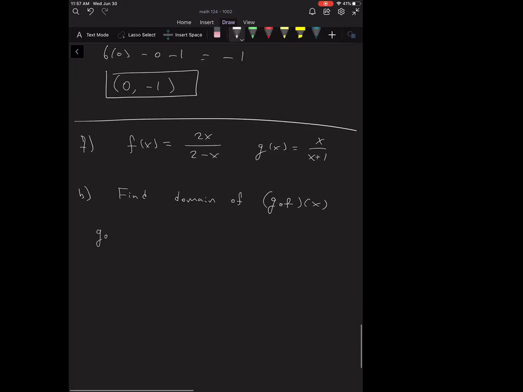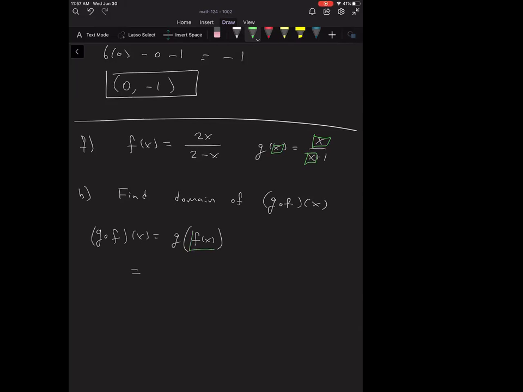So we have g composed with f of x. This means we're taking g and we're plugging f of x inside of it. So what is g? That's x over x plus 1. And we're plugging f of x inside of it. So remember, whatever we plug inside the parentheses, we're going to place here and here.